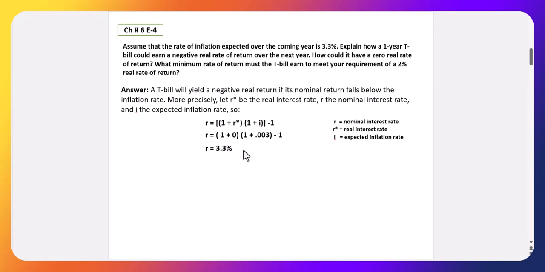Setting the equation to find the nominal interest rate, R equals 1 plus the real interest rate times 1 plus the expected inflation rate, minus 1. In solving the numerical problem for a zero real return, we end up with a nominal interest rate of 3.3%.